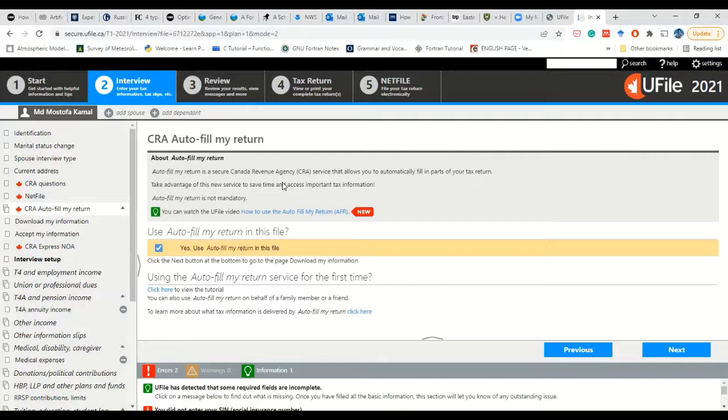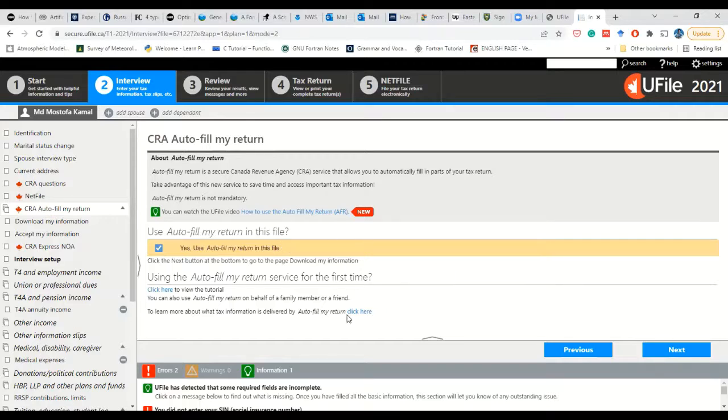So here we are giving permission for CRA autofill my return. Giving a yes tick mark will allow this software to automatically retrieve some of the information we provided during our tax return last year.